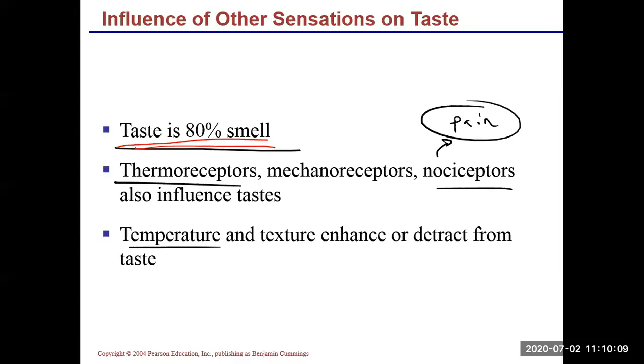You have nociceptors, these are for pain. Again, something that is hot or spicy could create painful stimulation. So temperature, they're all playing an important role when it comes to taste.